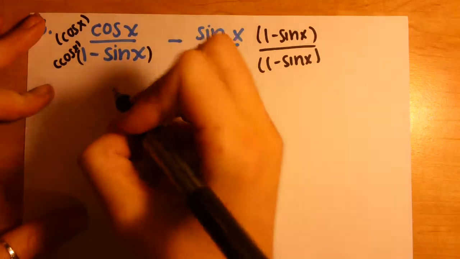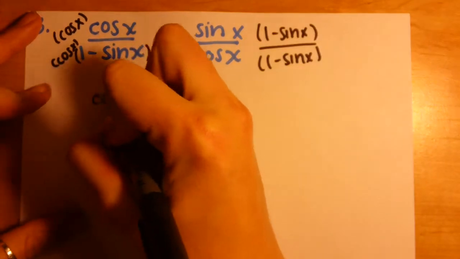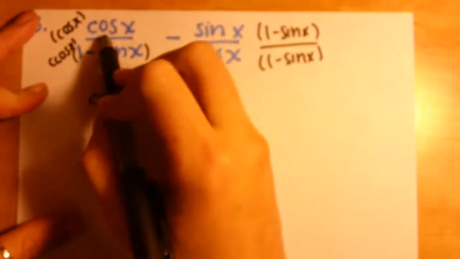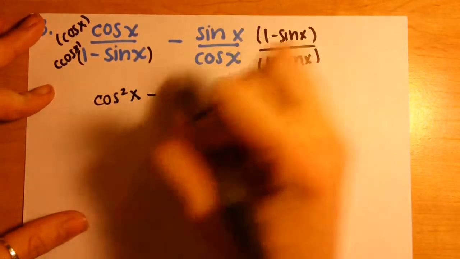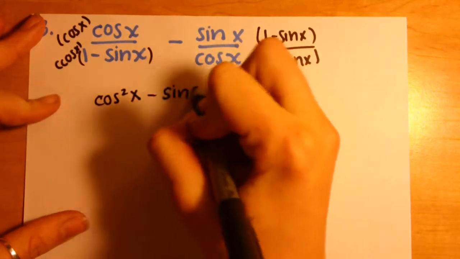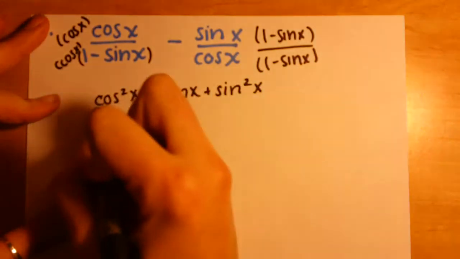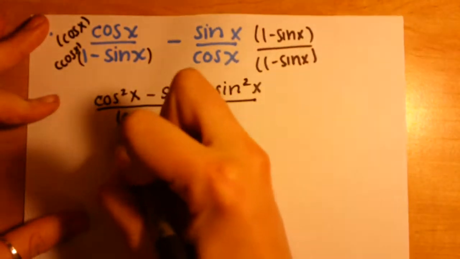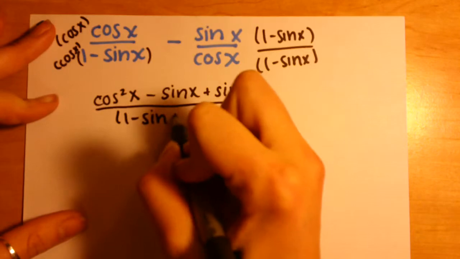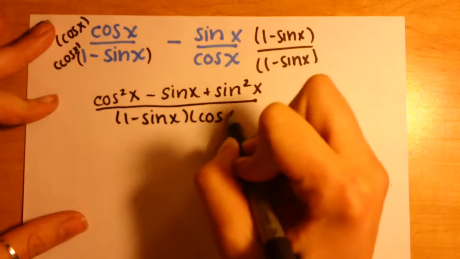Now we're going to have cosine squared x on top minus distributing sine x plus sine squared x all over our common denominator of 1 minus sine x times cosine x.